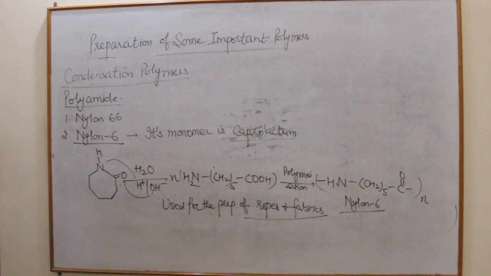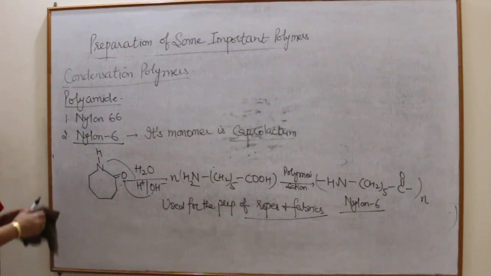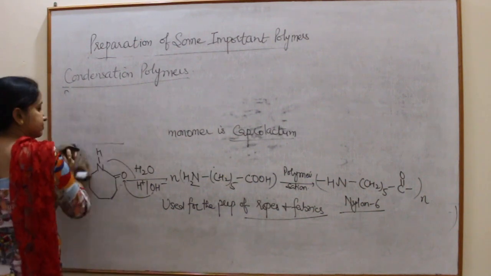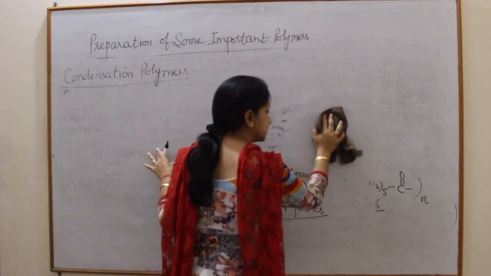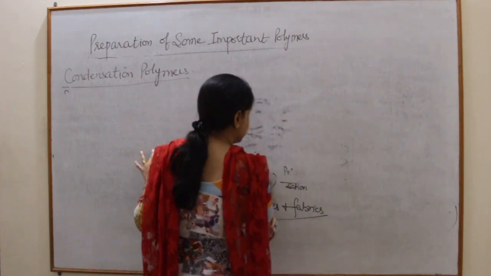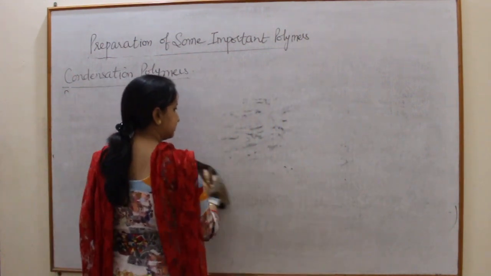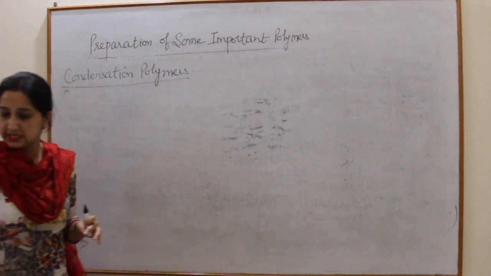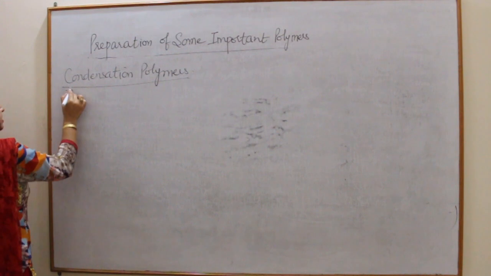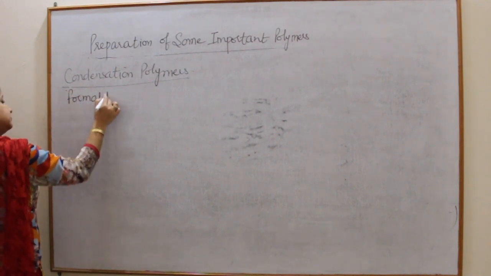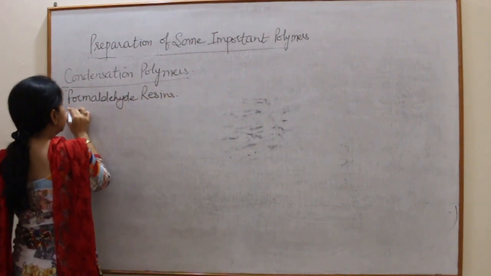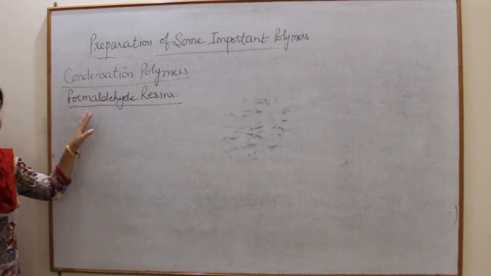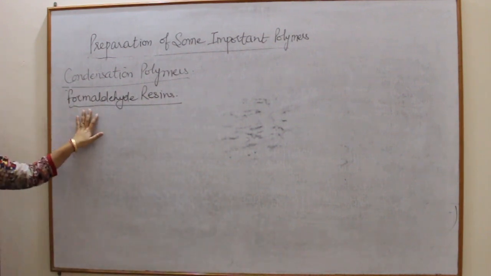The third category under condensation polymers is formaldehyde resins. From the name it is very clear that one monomer will be formaldehyde.